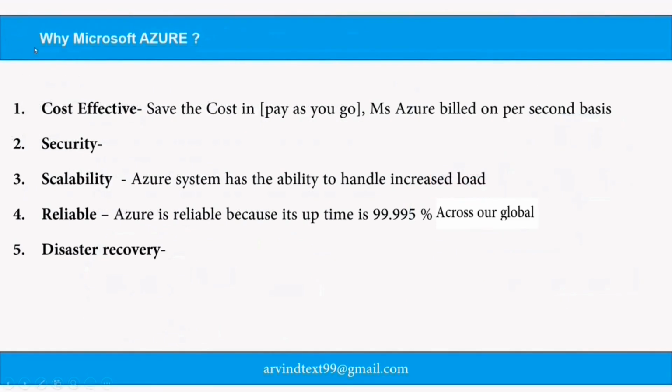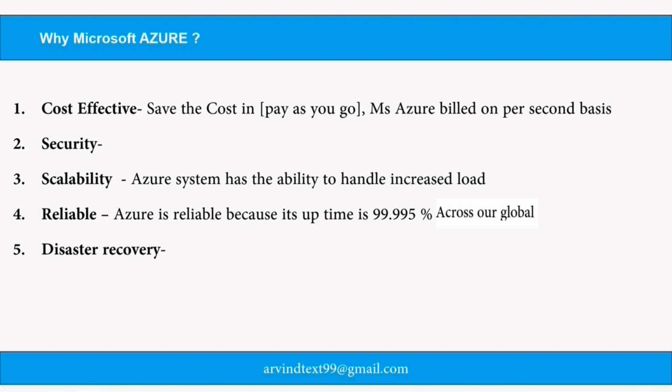So we will discuss why Microsoft Azure. Okay, so Microsoft Azure is providing a cost effective solution. It saves the cost of the organization, as we have already discussed in the pay as you go model. Microsoft Azure bills on a per second basis in this pay as you go model. Okay, the second is security. Security is provided by Microsoft Azure.